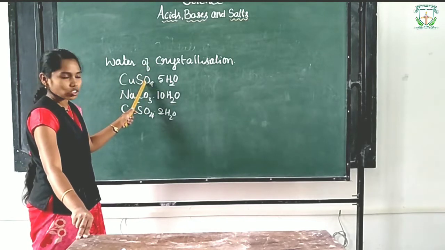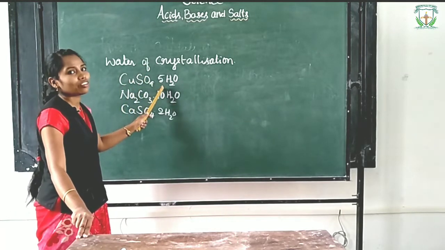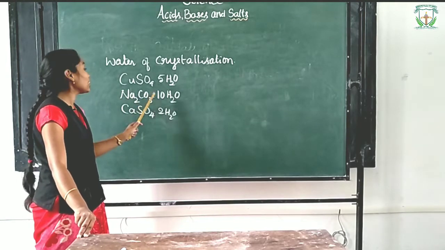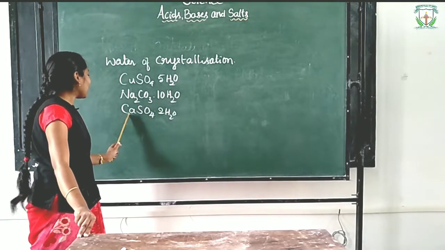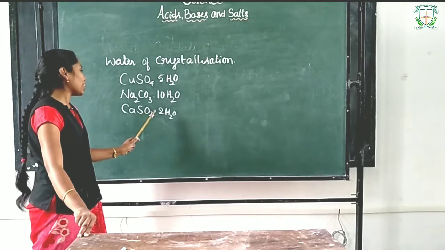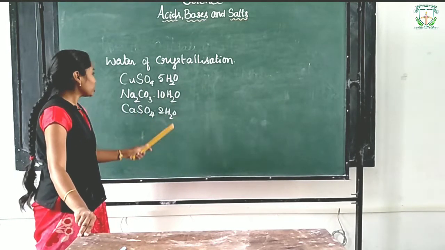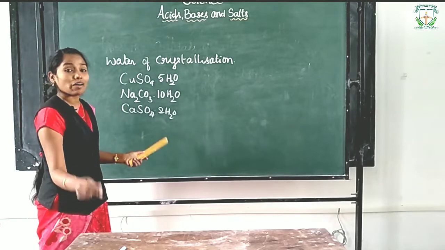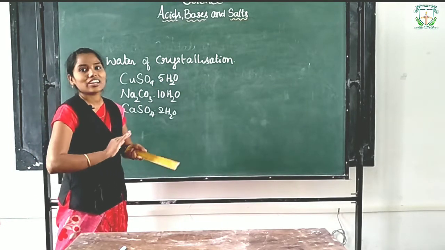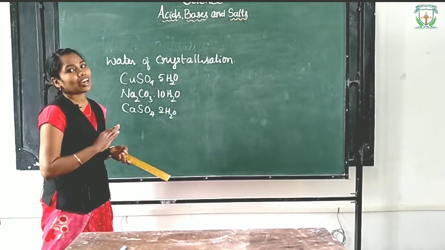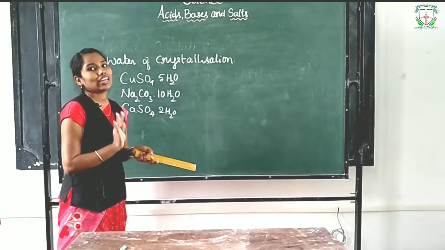Copper sulfate has 5 water molecules, sodium carbonate, that is washing soda, has 10 water molecules, and calcium sulfate, that is gypsum salt, has 2 water molecules in it. So these are the salts that appear to be dry, but they are not dry in nature.